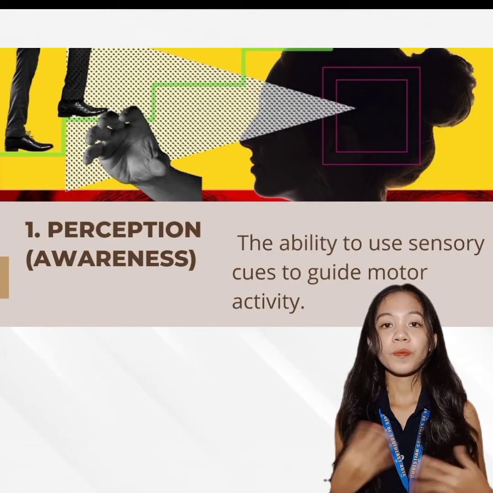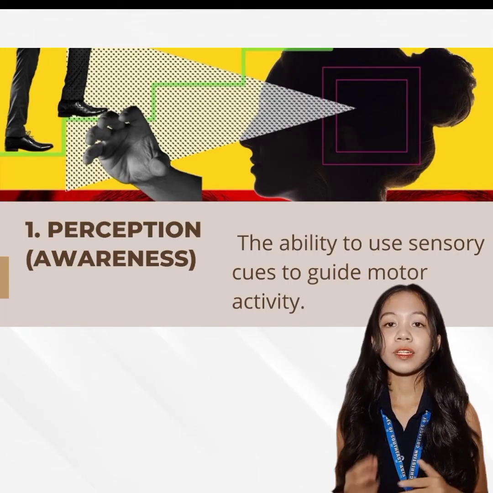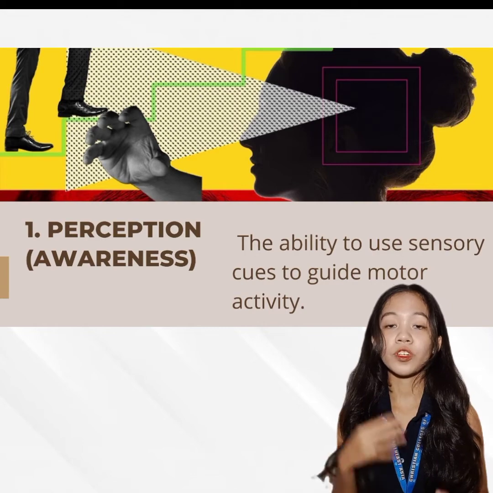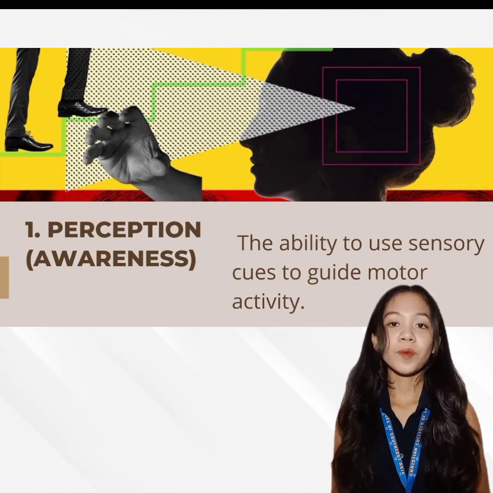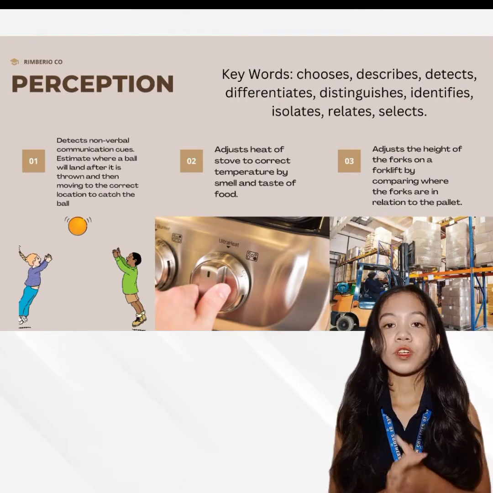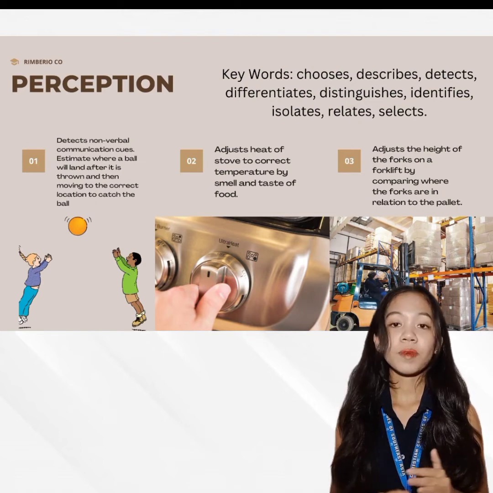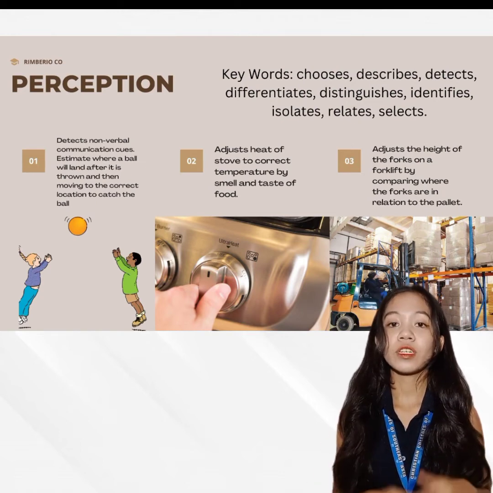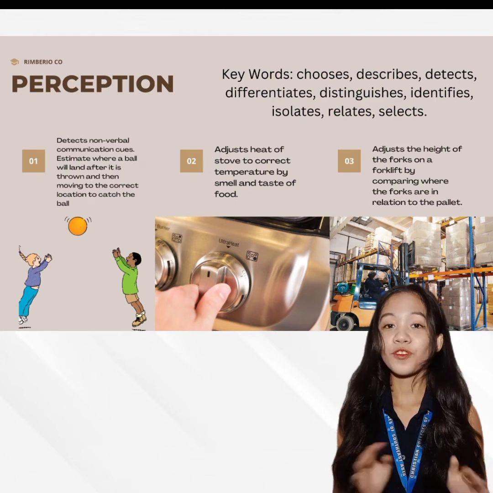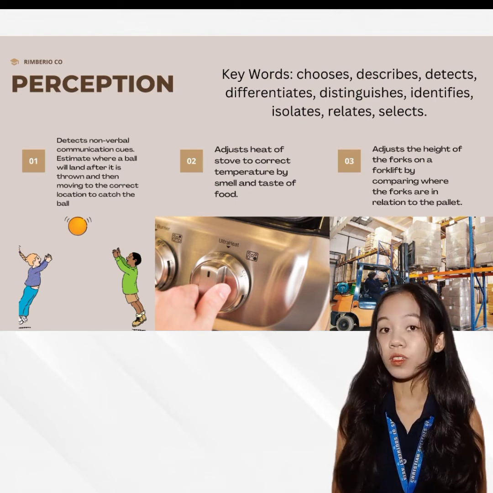So the first one is perception, or awareness. This is the ability to use sensory cues to guide motor activity. For examples, detecting nonverbal communication cues, estimating where a ball will land after it is thrown, and then moving to the correct location to catch the ball.